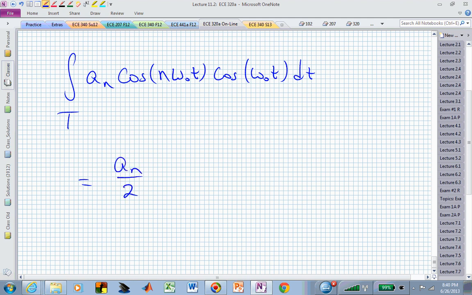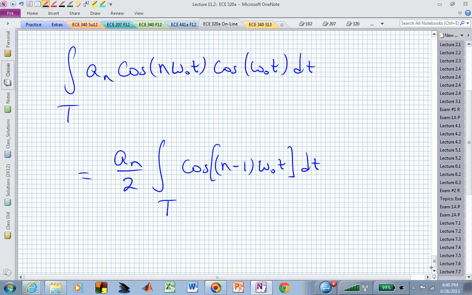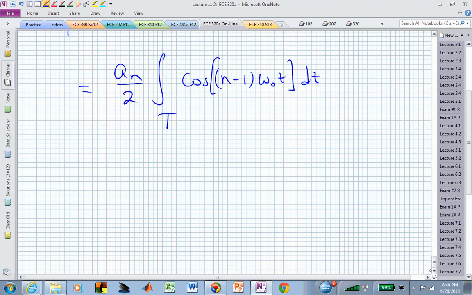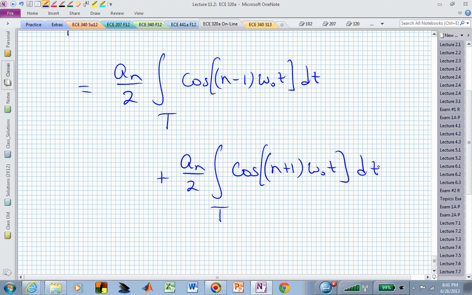We have a sub n over 2 integral of cosine of the difference of those arguments, which is n minus 1 omega naught t dt over one period, plus a sub n over 2 integral over one period of cosine of the sum of those arguments, n plus 1 omega naught t dt.